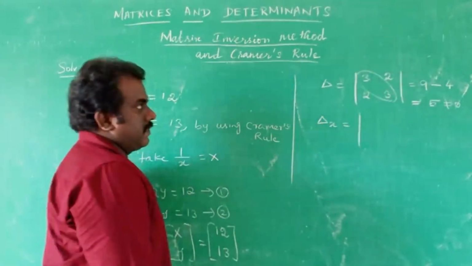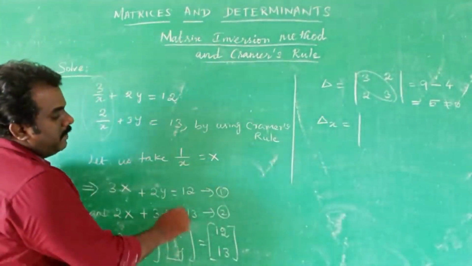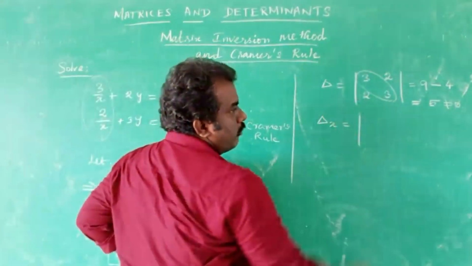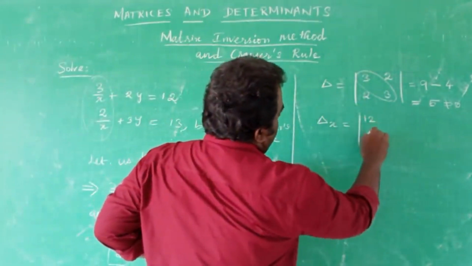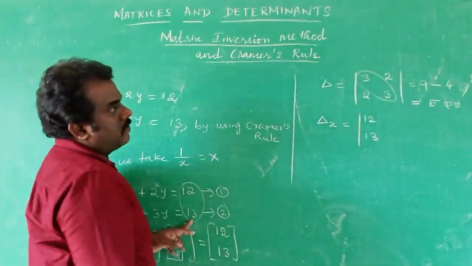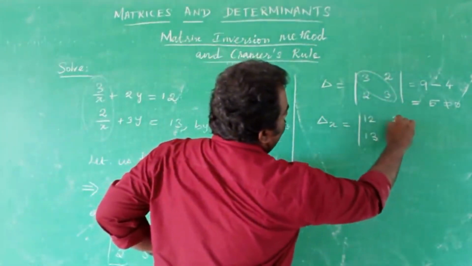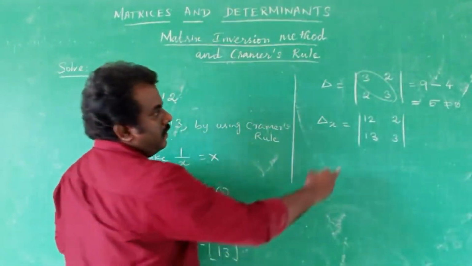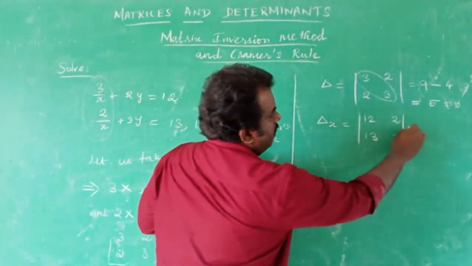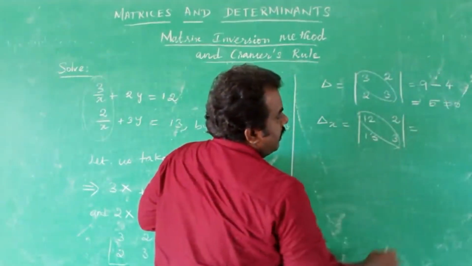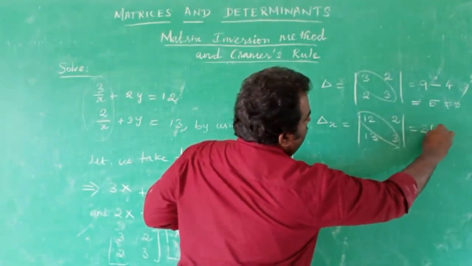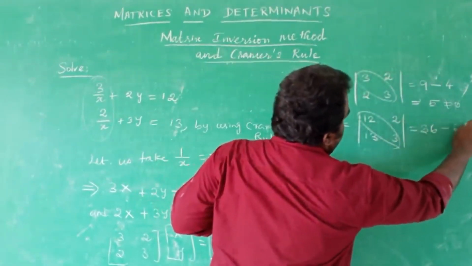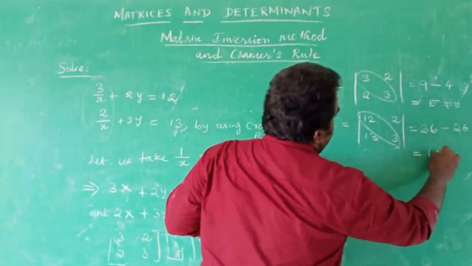In delta x, substitute the b values 12 and 13 in the first column of the coefficient matrix, then take the remaining elements 2 and 3. Now we take the determinant: 12 times 3 is 36 minus 13 times 2 is 26, equal to 10.